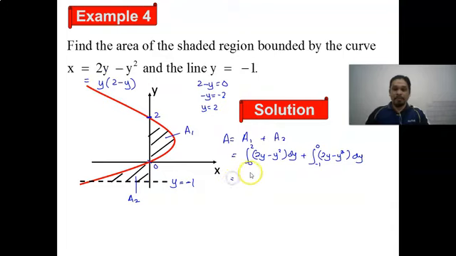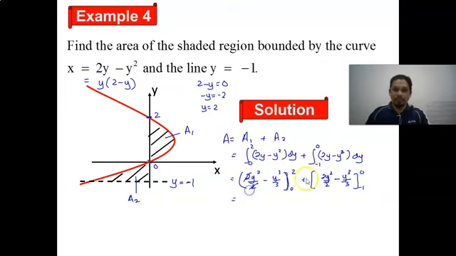So here now, 2y square divided by 2 minus y cube divided by 3, from 0 until 2, plus 2y square divided by 2 minus y cube divided by 3 from negative 1 until 0.